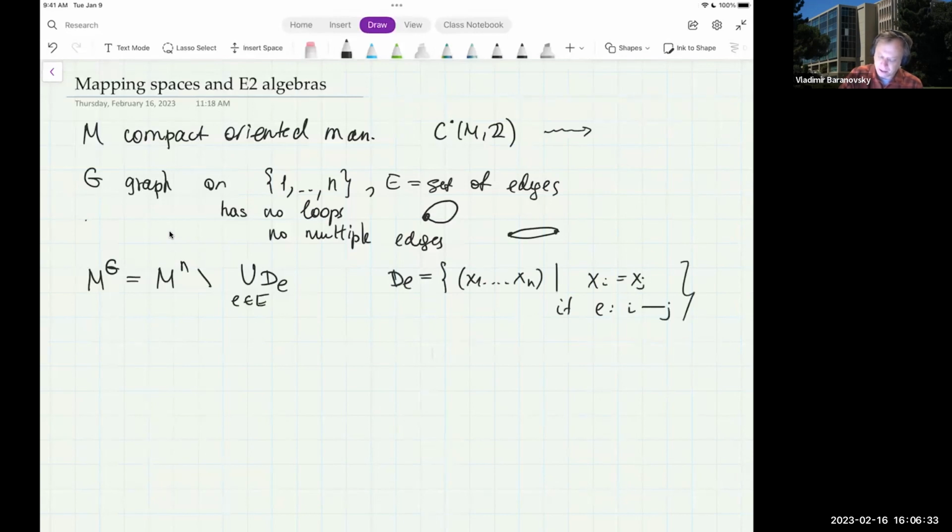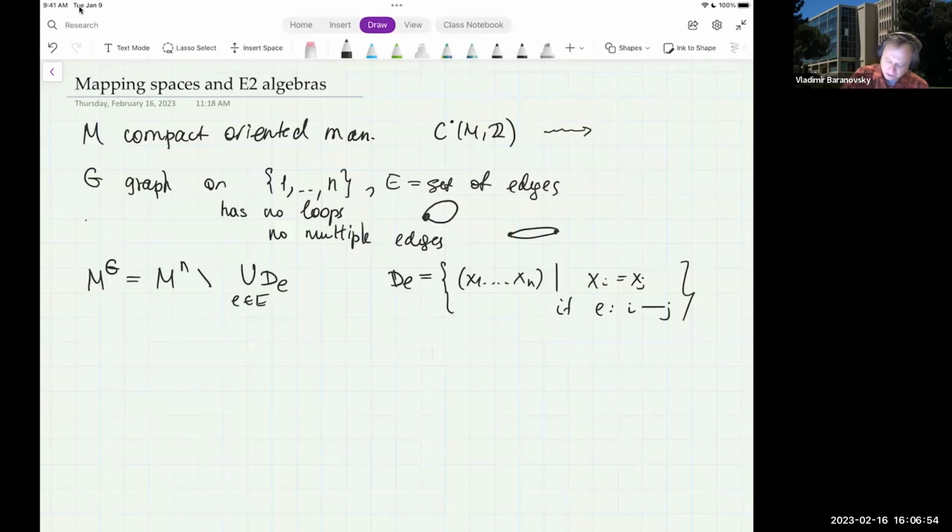If the graph was the complete graph on n vertices, we would be dealing with the usual configuration space. And here we have a modification where we just throw out some double diagonals, but not the others.